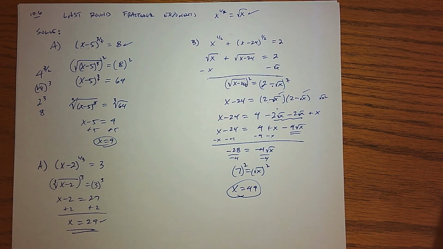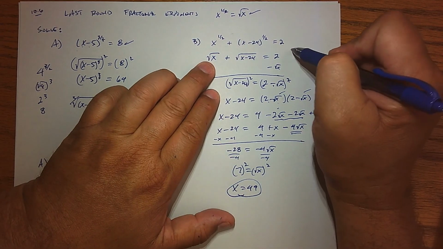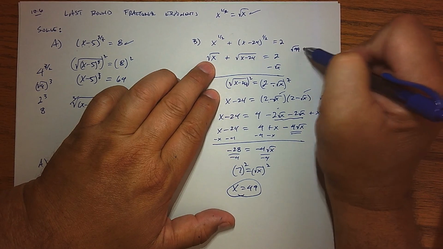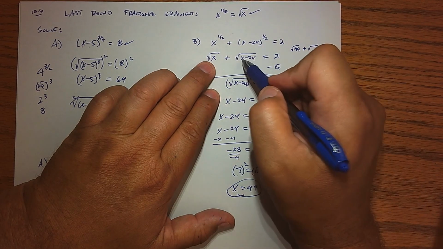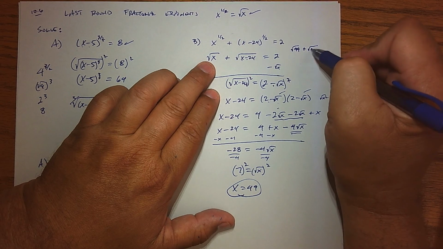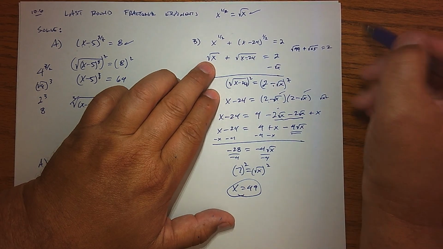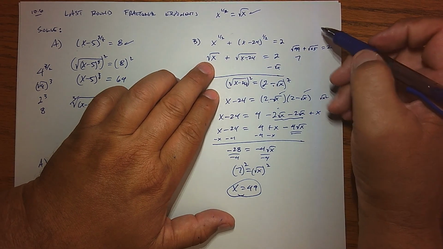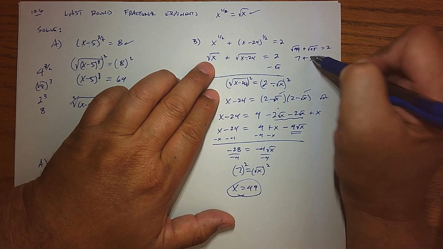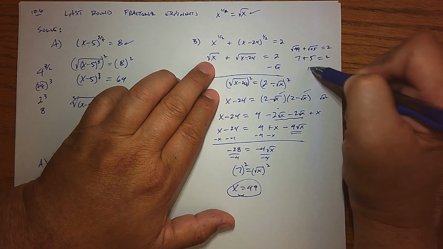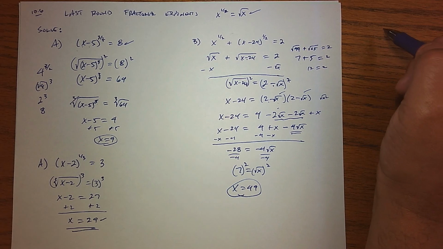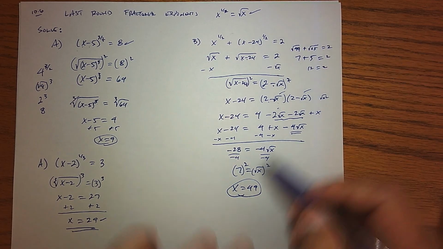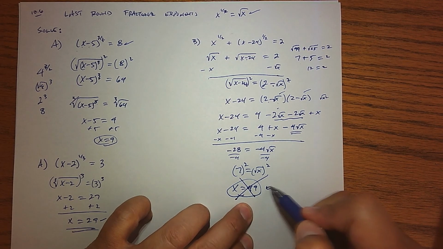So again, oops, I shouldn't circle it because we still have to check it. When I check it in this equation, we get the square root of 49 plus, if you take 49 and take away 24, you end up with 25. And so we end up with 7 plus 5. And does that equal 2? Unfortunately, it does not. So that is an extraneous solution.